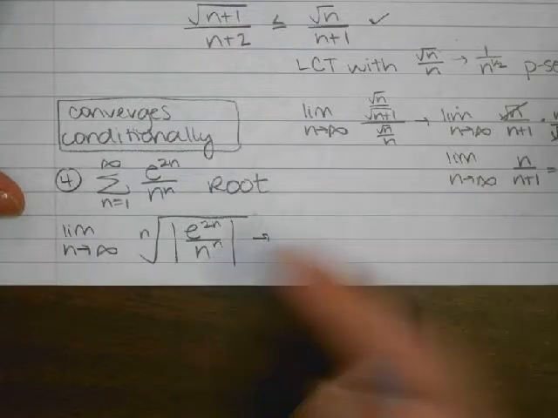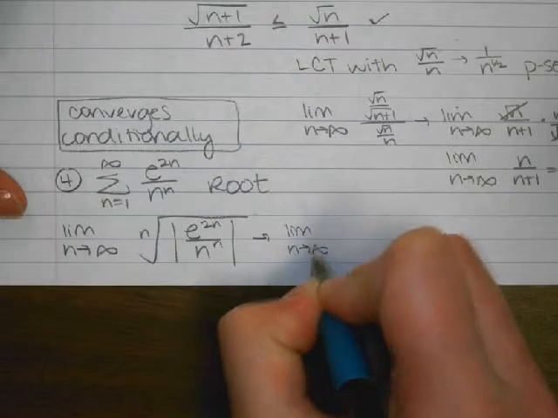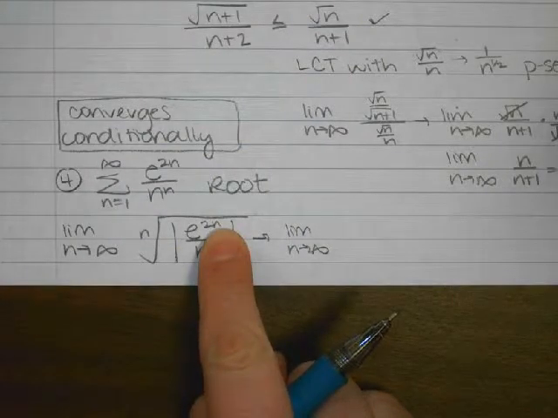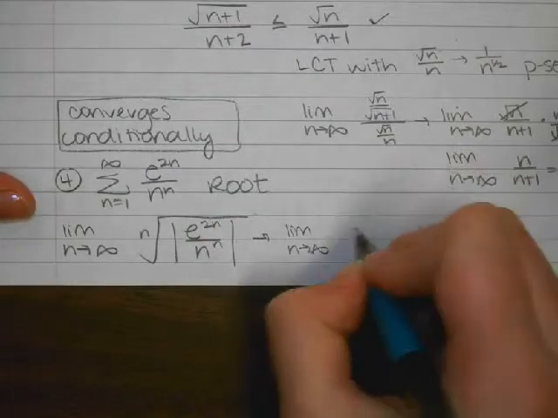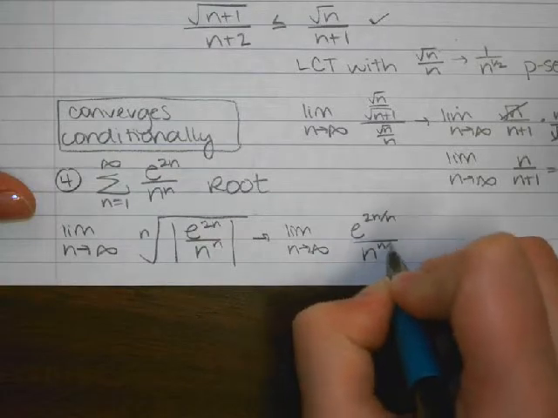And so if I think about simplifying this, that means I have the limit as n goes to infinity. If I take the nth root of e to the 2n over n to the n, that's kind of like saying I have e to the 2n over n, over n to the n over n.